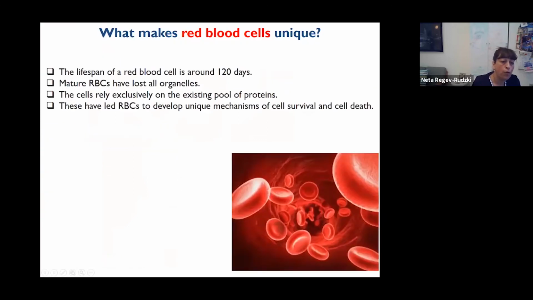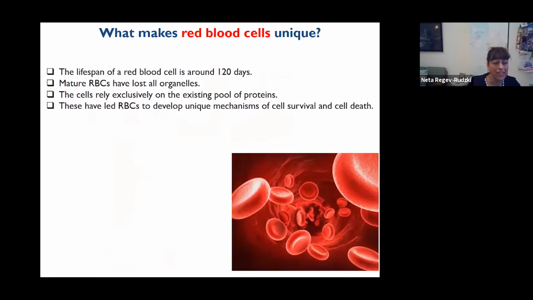But before we move on, let me remind you what makes red blood cells such unique host cells. These cells have to survive something like 4 months, but they have already lost their internal organelles. There's no nucleus, no mitochondria, no ER, no synthesis of new proteins.